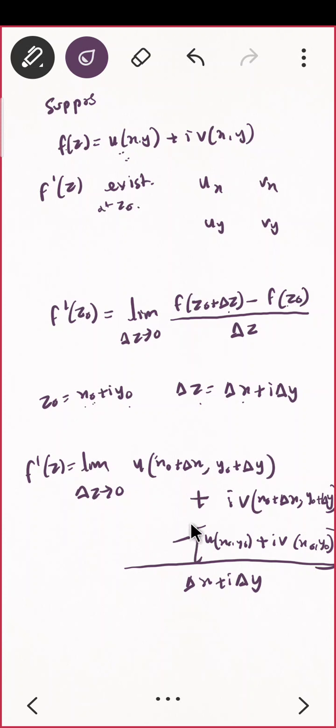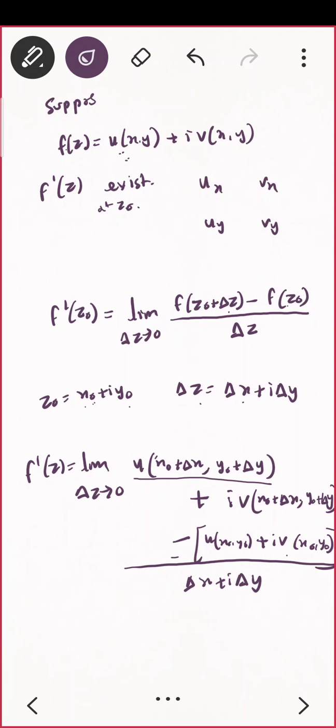Now you can do one thing. You can take both the real part together and the imaginary part together. So observe something. If you take the real part together, that means you have this part and this part. That will be your real part. And what is your imaginary part? Plus i into this one. Have you seen something like that?